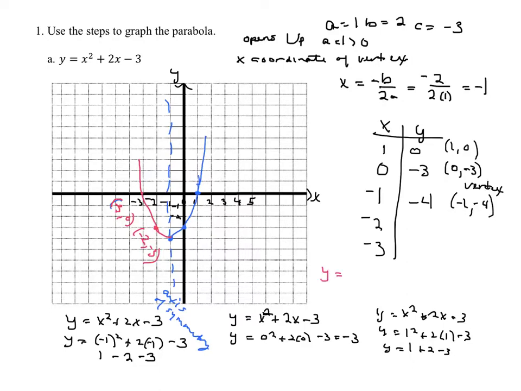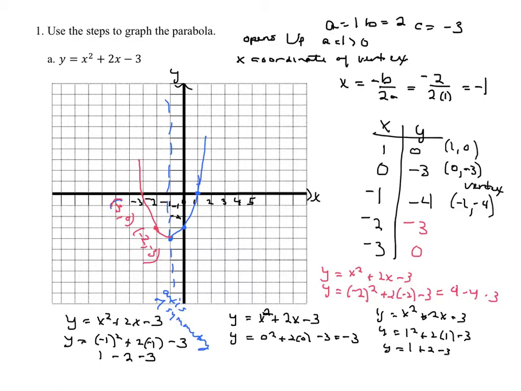Y is equal to x squared plus 2x minus 3. If I put -2 in, -2 squared is a positive 4. Take away 4, minus 3. Yay, y'all! -3. And then this guy will also be 0. See how cute? So just nailing that symmetry table, we're all good.